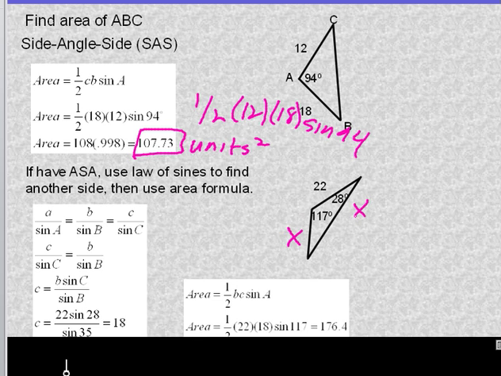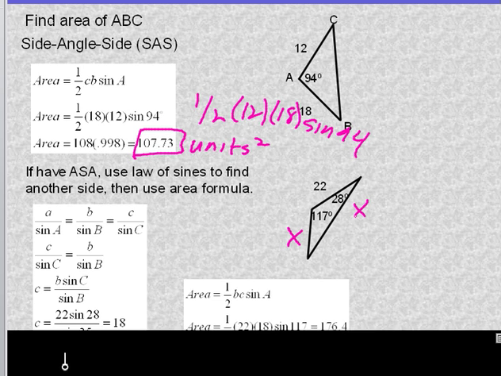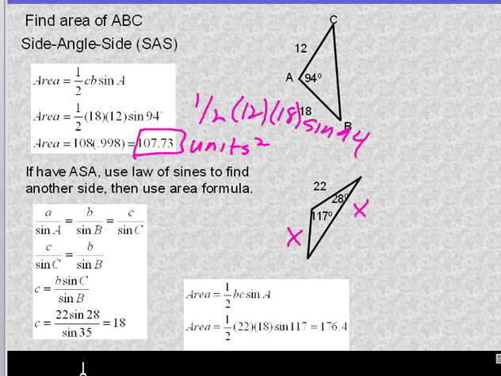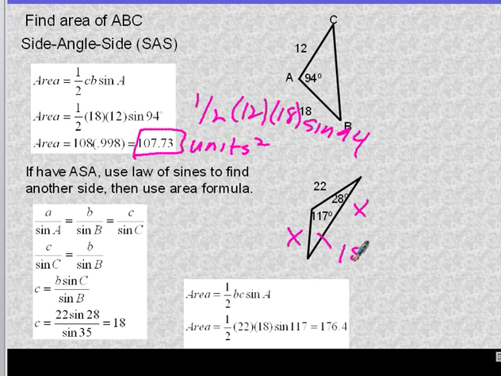So which one did I decide to use? Sine of 28. So I'm looking for side C. I don't have this very well labeled here, do I? So this is 180 minus 117 minus 28, which is 35.